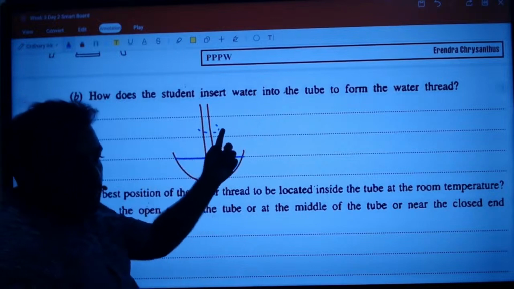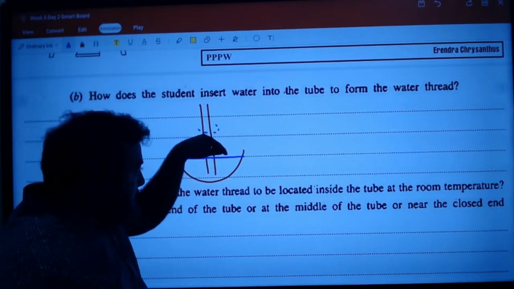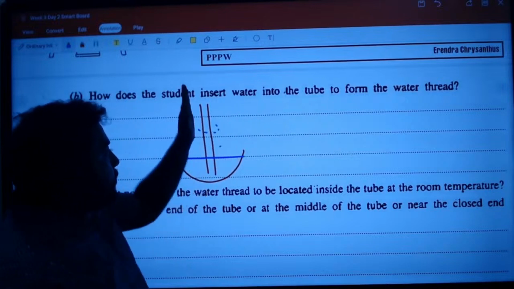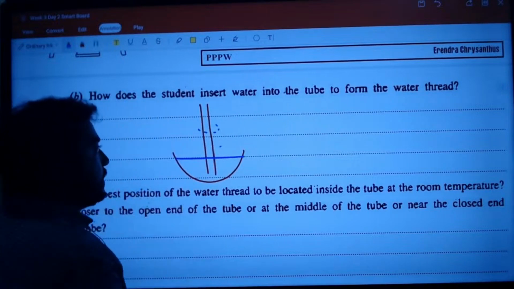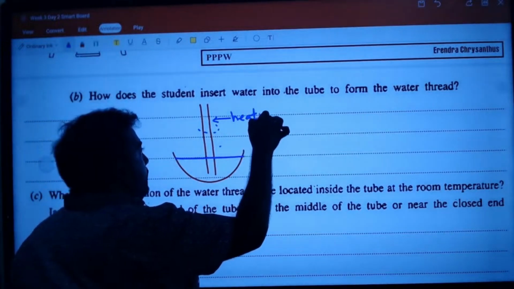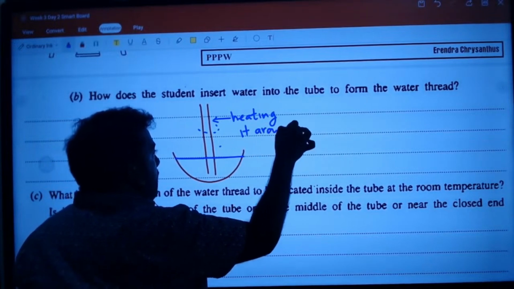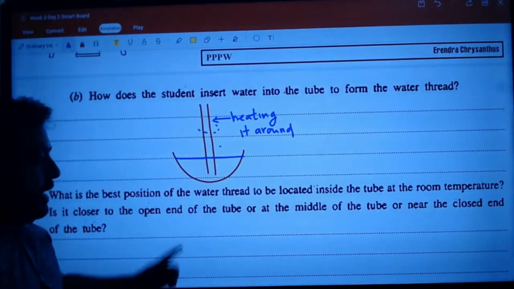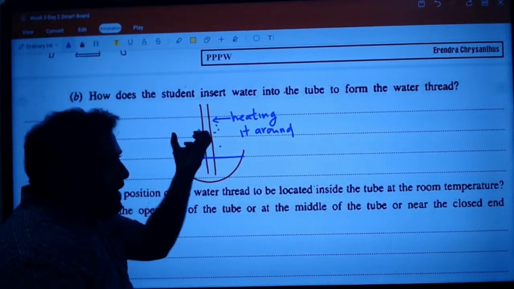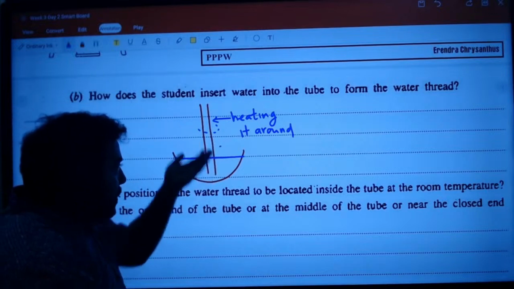When you heat around it, the air will heat, expand and go away, creating a low pressure. Outside high pressure, inside low pressure, there's going to be a push, and the liquid will rise up.